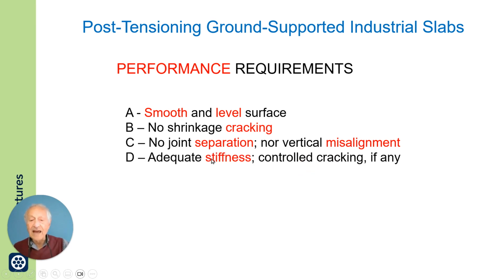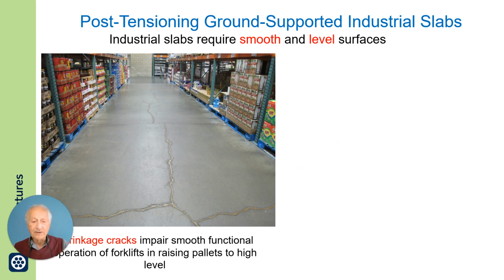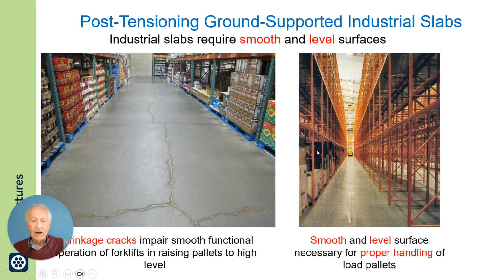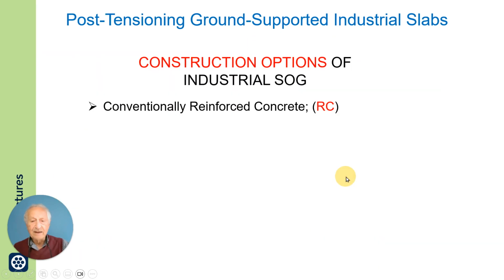The slab should have adequate stiffness so that under the concentrated load of a truck will not crack, or if it does crack, it is within acceptable limit. Now, the image we have on the left is not acceptable for the type of industrial slab we are discussing today. You see the crack formation very obvious. Image on the right is an example where you have a smooth and level surface.